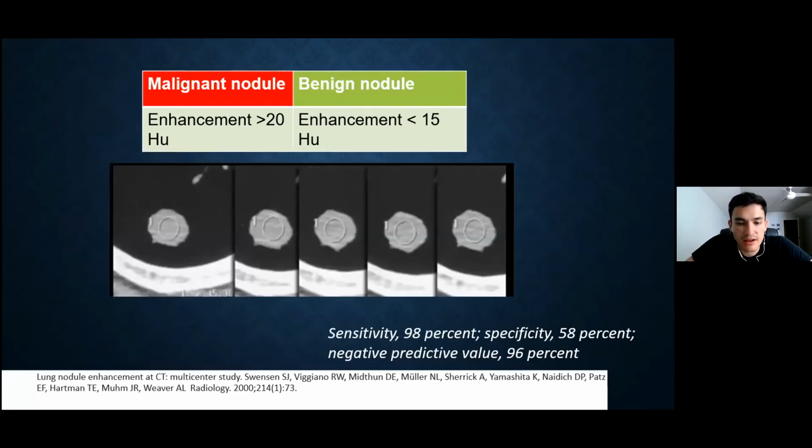So a first image is obtained before contrast, then one is obtained at 1 minute, then another one at 2, 3 and 4 minutes. Then you look for the highest density obtained within the study, and you subtract the pre-contrast density. So if the difference is less than 15 Hounsfield units, then it's most likely benign, and if it is more than 20, it's most likely malignant. This is the article, and here are the sensitivity and specificity.